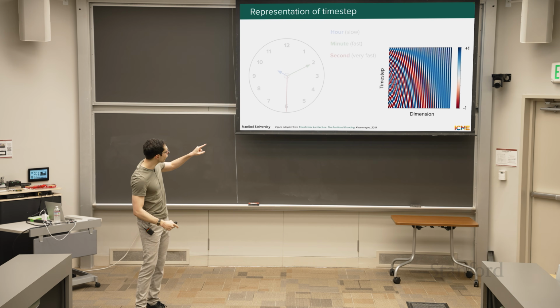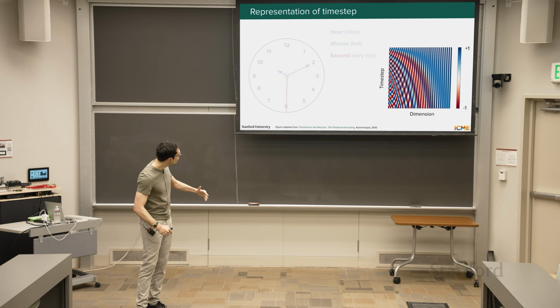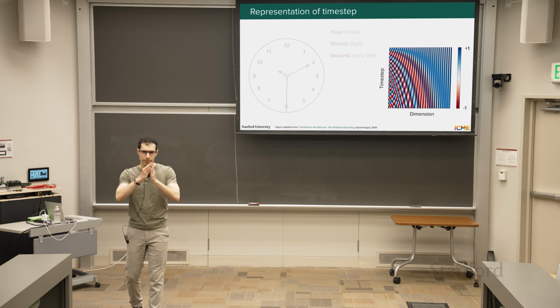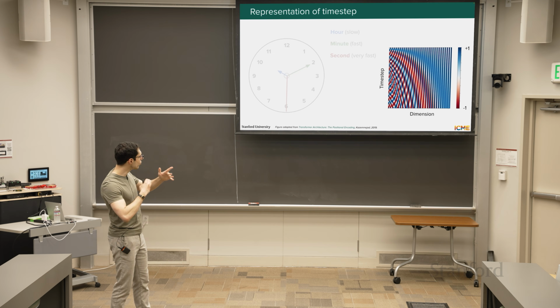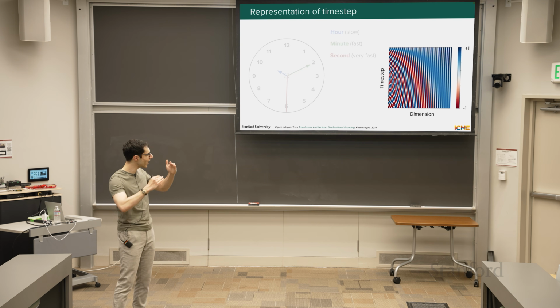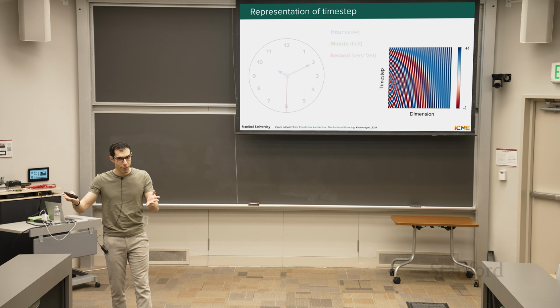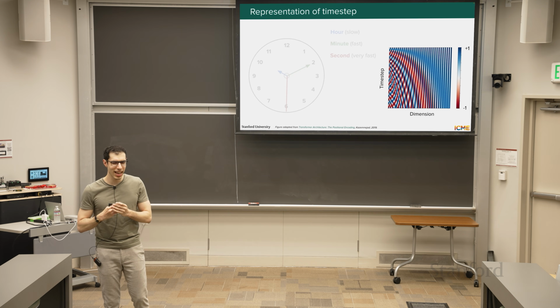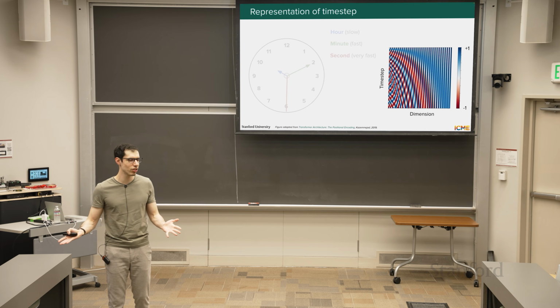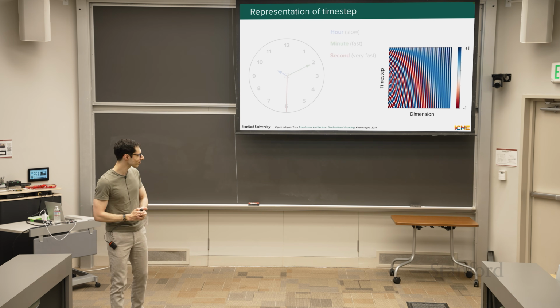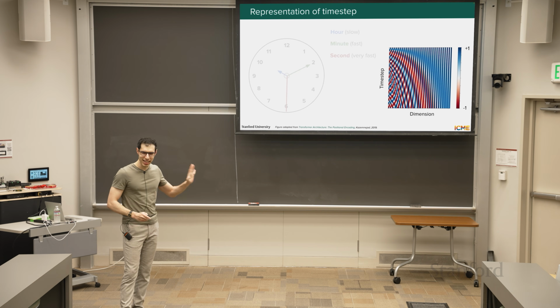Let's start at the very top: you have values that alternate between, let's say, 1 and 0 in this example, and then as you move down, you see that some dimensions vary faster than others, and this is exactly matching the intuition I mentioned. So that is for the time step.